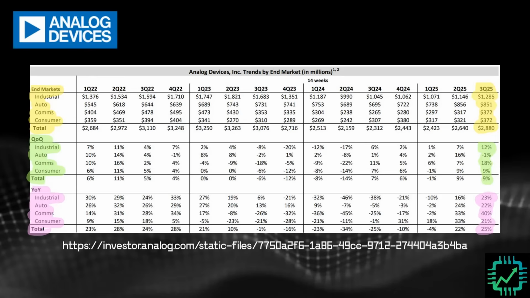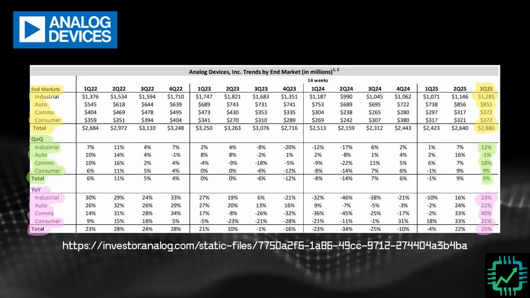There's some overlap there, but nice to see finally a sequential increase in that. We think that that will translate over to some of the other companies that participate in communications later this quarter, like, for example, Broadcom. We're hopeful. And then consumer, of course. So sequential, and then, of course, the big one, year over year, at least low 20% growth across the board.